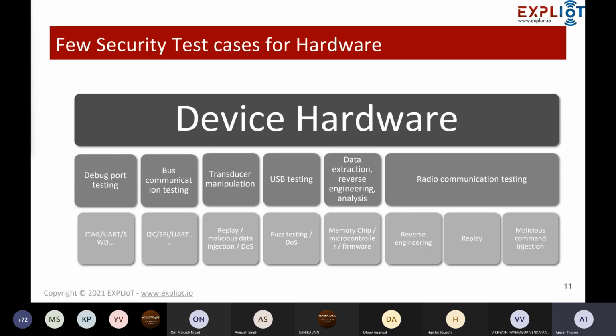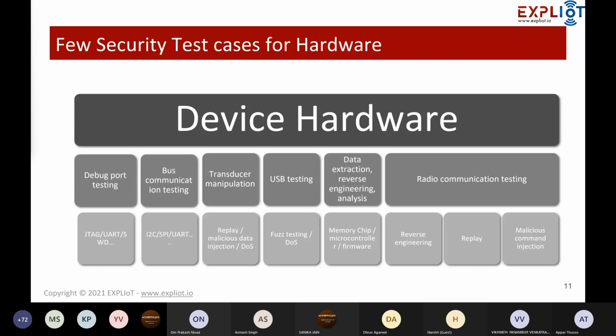While talking about debug port testing, you have different debug protocols like JTAG, UART, SWD, and as an attacker or a security professional, you will go around testing whether these debug ports are properly hardened or not, or whether there is proper implementation like authentication on top of these debug ports. Next you have your bus communication testing.